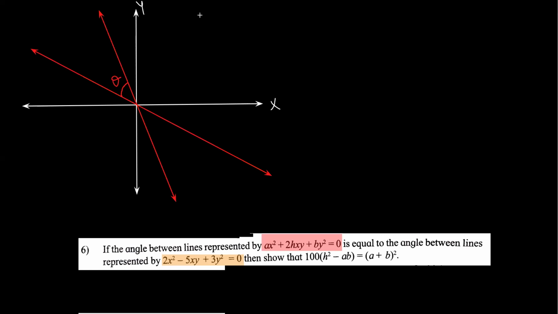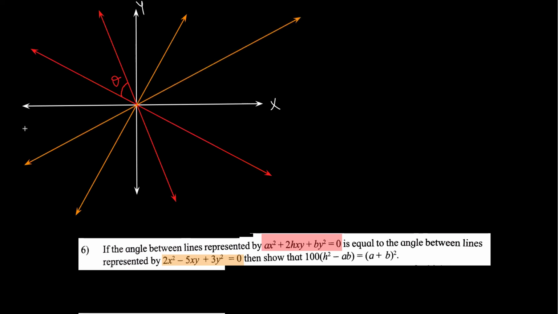Those orange pair of lines are here. My dear students, they're saying that the angle between this orange pair of lines is also theta. This angle is theta and this angle is also theta. That is what they are saying.